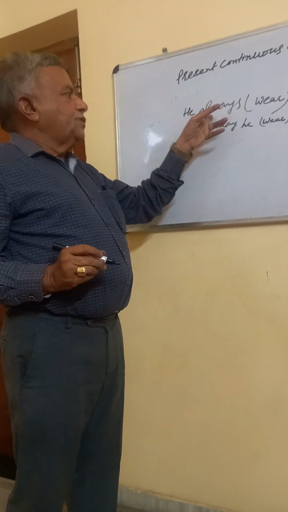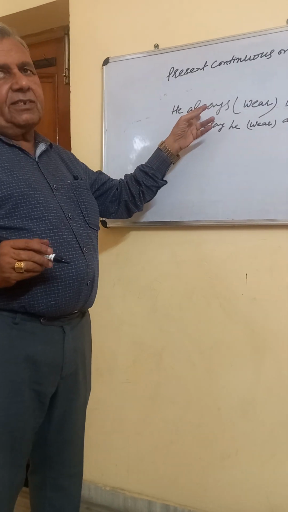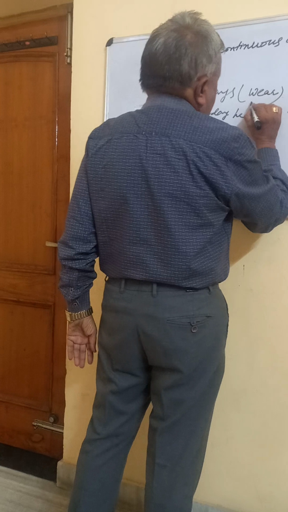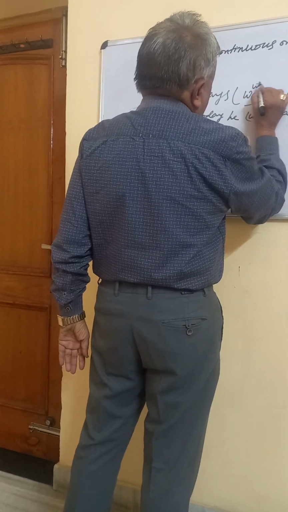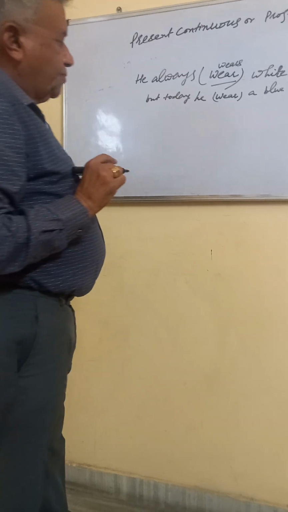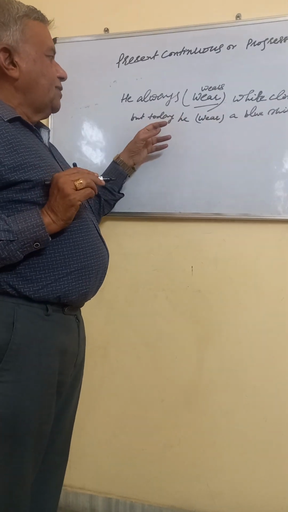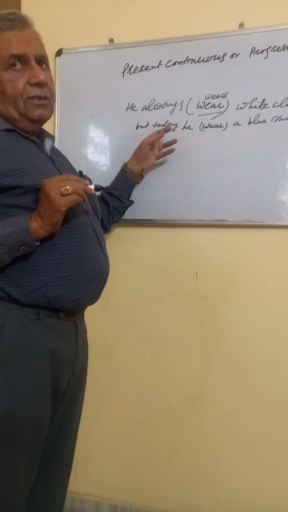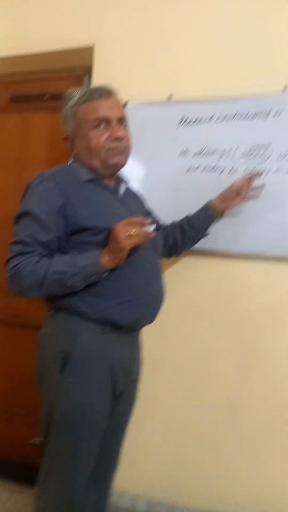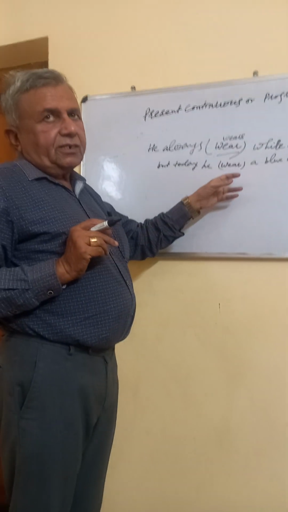Always shows habit, repeated action, and in such sentences we generally use present indefinite. We say he always wears white clothes. But it is not a repeated action, it relates to the present time only. Today he is wearing a blue shirt. We will not say he wears a blue shirt because it is not his habit to wear a blue shirt.